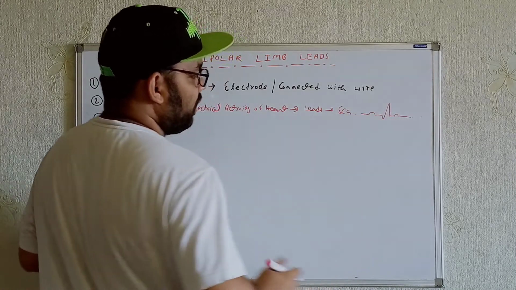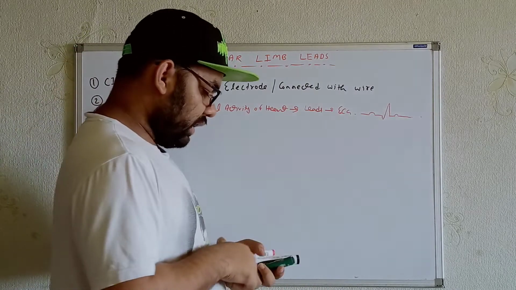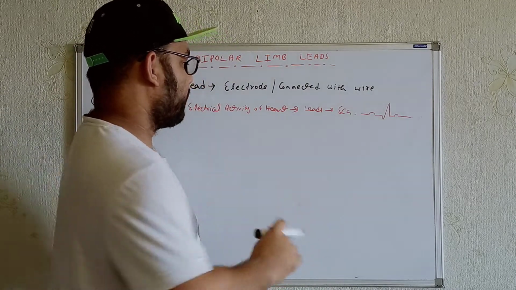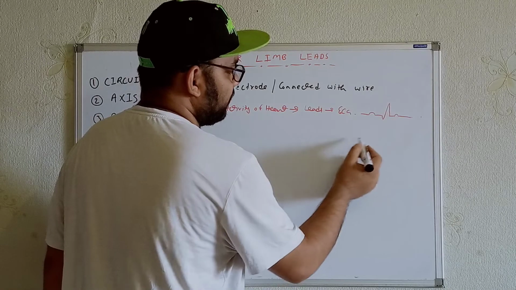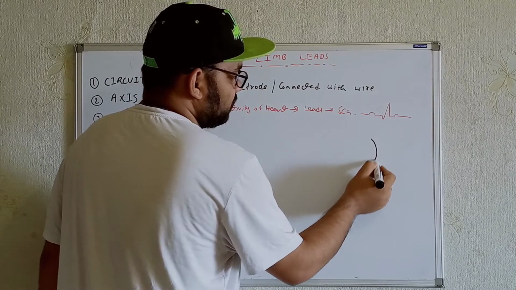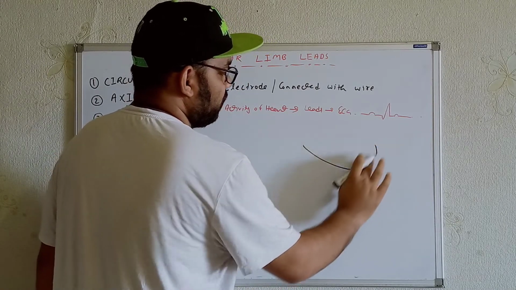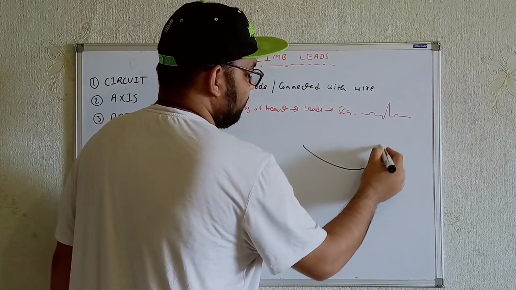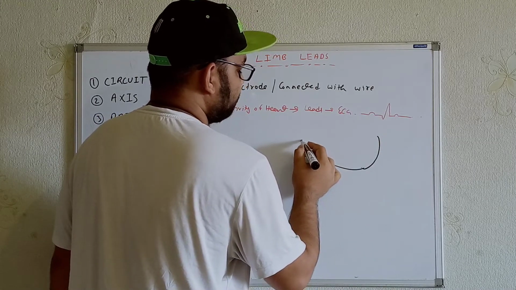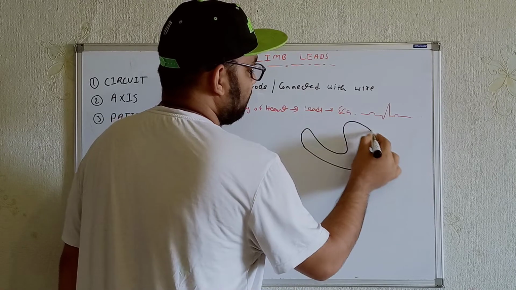Now, if I want to explain in a little more detail, try to understand from here that we know the different kinds of electrical activity that take place within the heart.